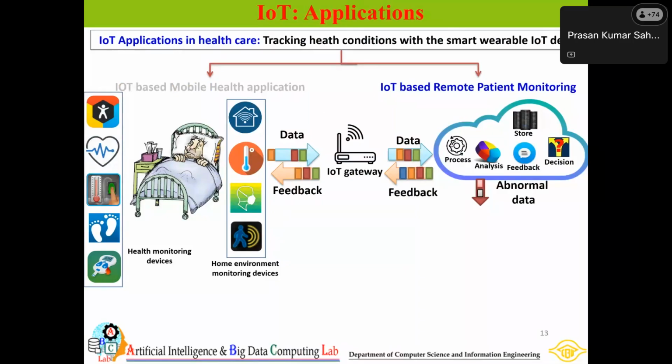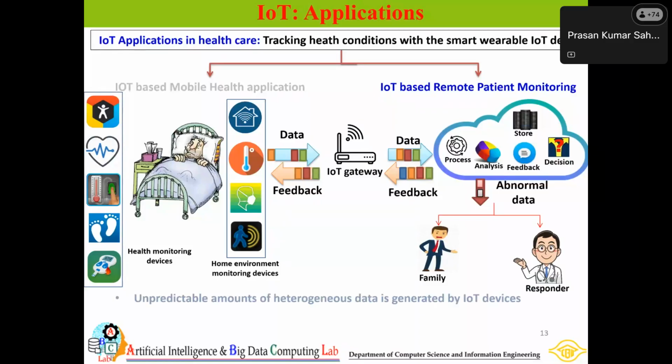And then if, after analysis, any abnormal data is found, that data can be reported, can be sent back to the family members or to the doctors, we can say the responder, and then the patient can be taken care of even if remotely.